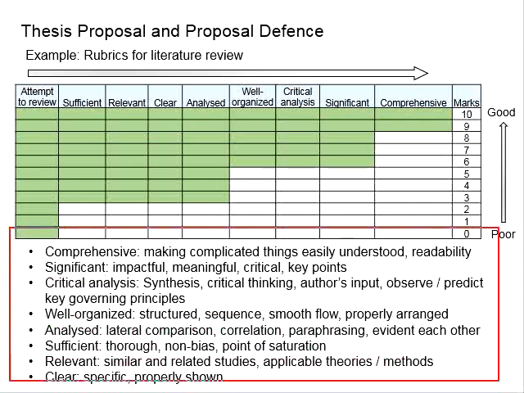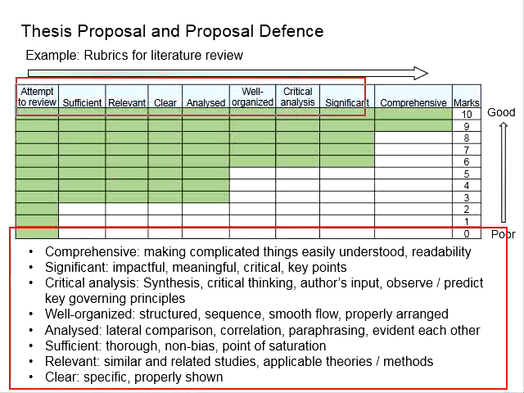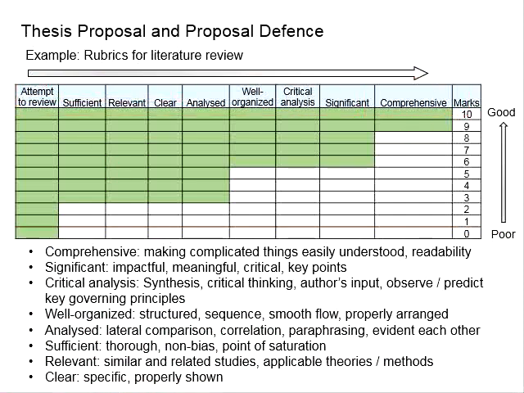These are further descriptions based on what is defined here. Let's say now we try to interpret the definitions of the keywords that appear in the rubric, such as what does it mean by clear? It means specific, properly shown. And what does it mean by relevant?